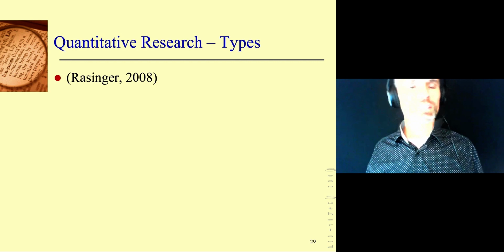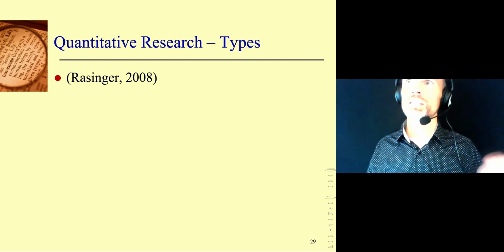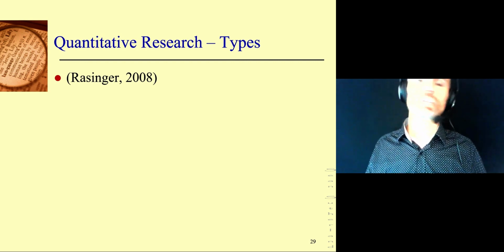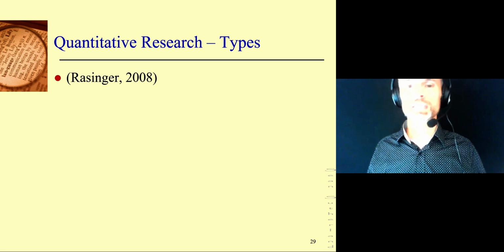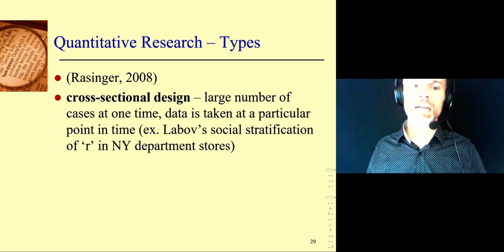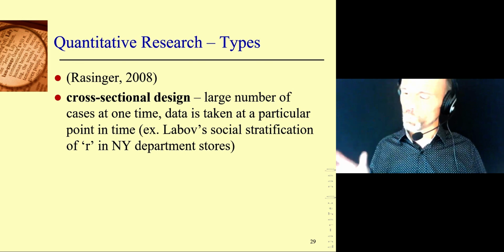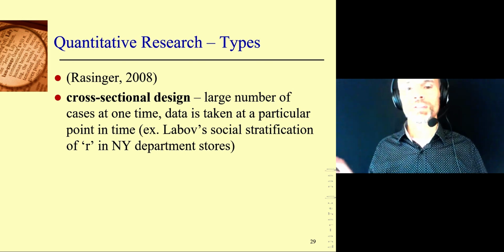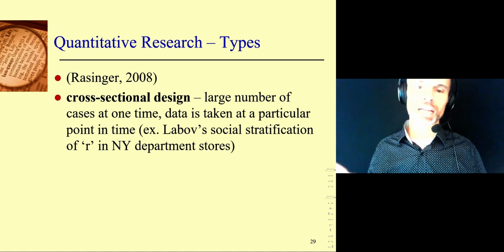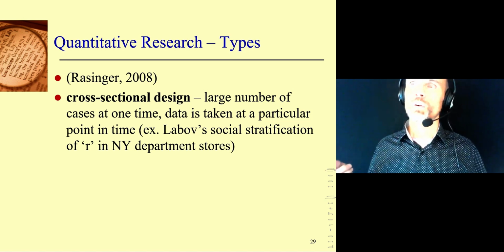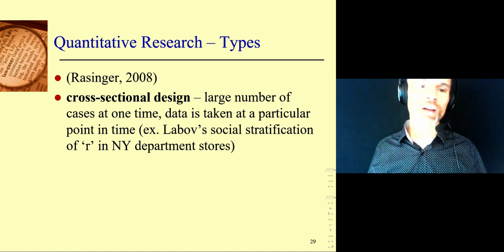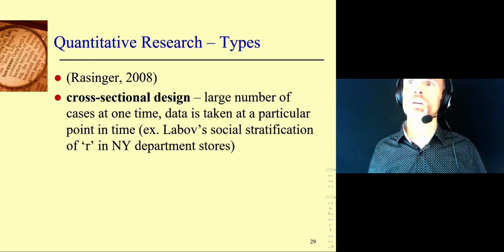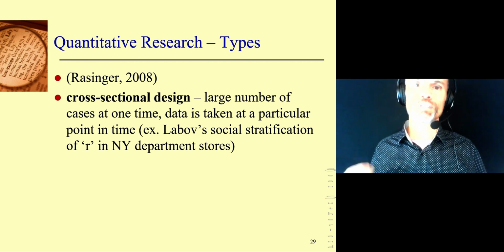Types of quantitative research, this is useful to know. These are the terms that you'll encounter when you're reading about linguistics, right? Cross-sectional design is when you look at something at one point in time. The famous department store study by Labov looked at how people pronounced or did not pronounce R in words like fourth floor.